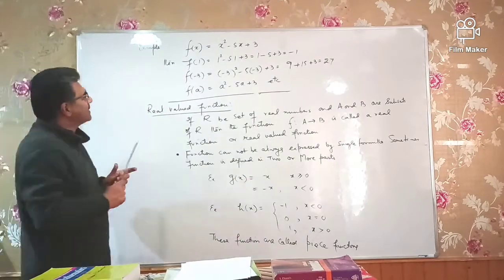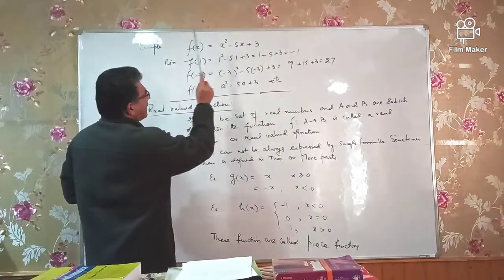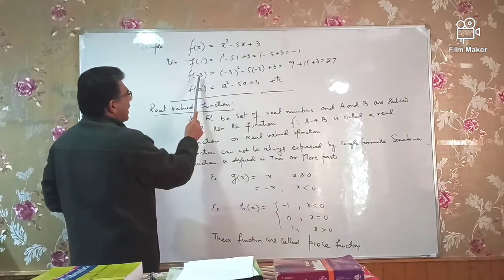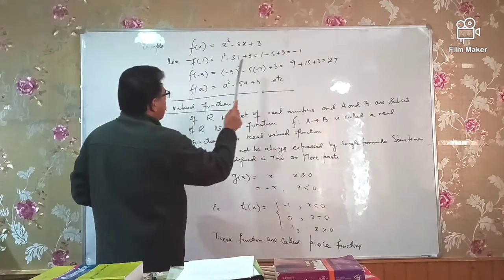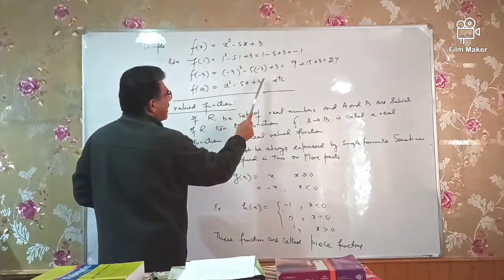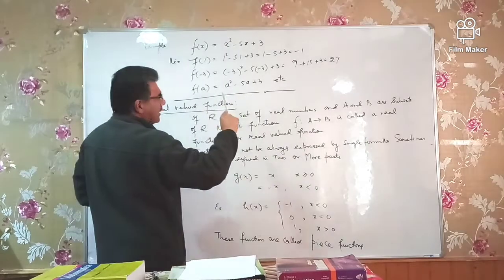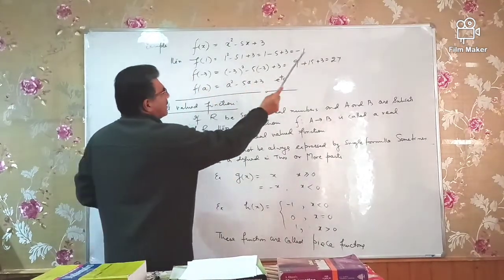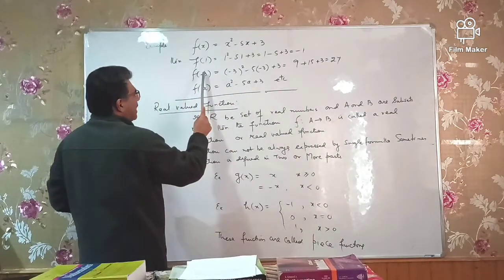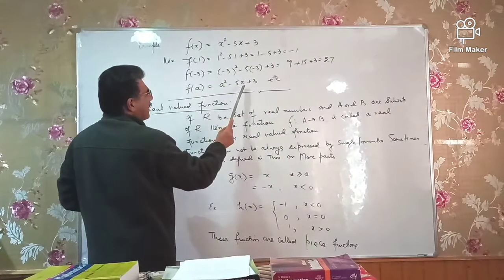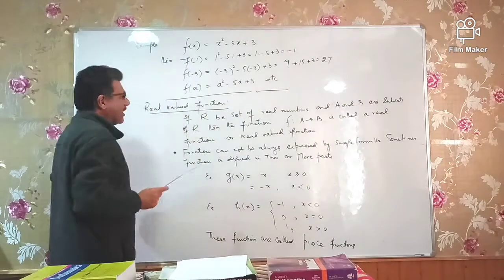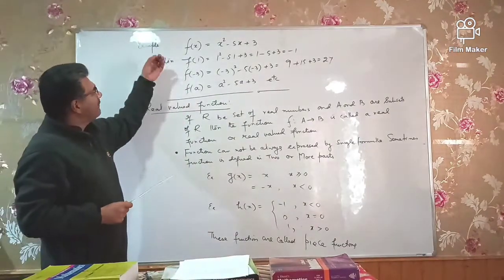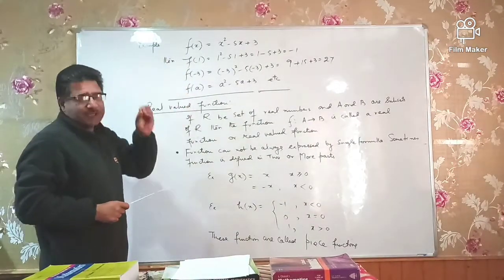Now in other words, we can say the image of 1 is -1, image of -3 is 27, image of a is a square minus 5a plus 3. In reverse manner, -1 is the pre-image of 1, 27 is the pre-image of -3, and a square minus 5a plus 3 is the pre-image of a. Now this is how to find the value of a function at a particular point.